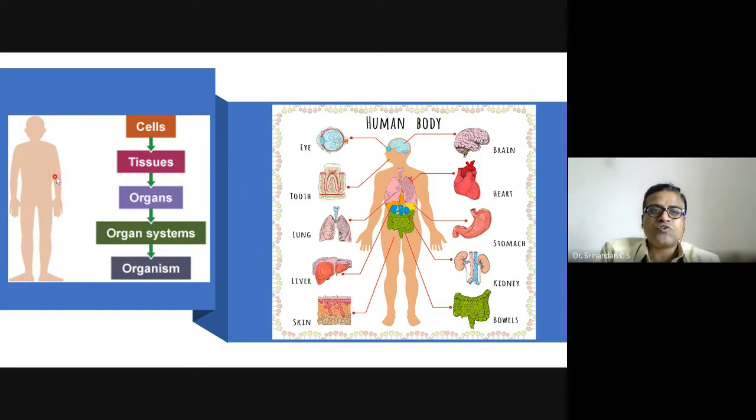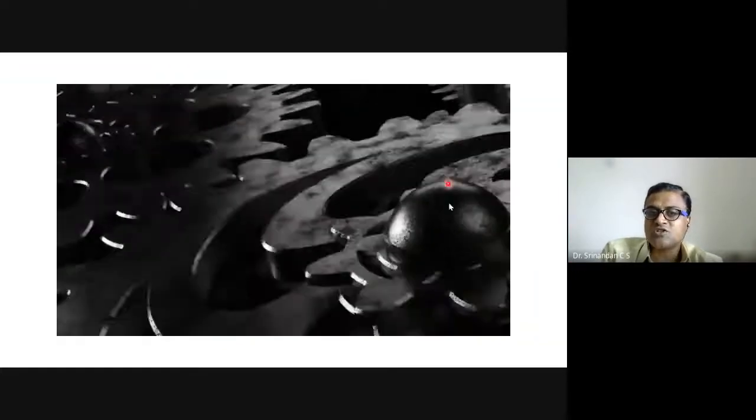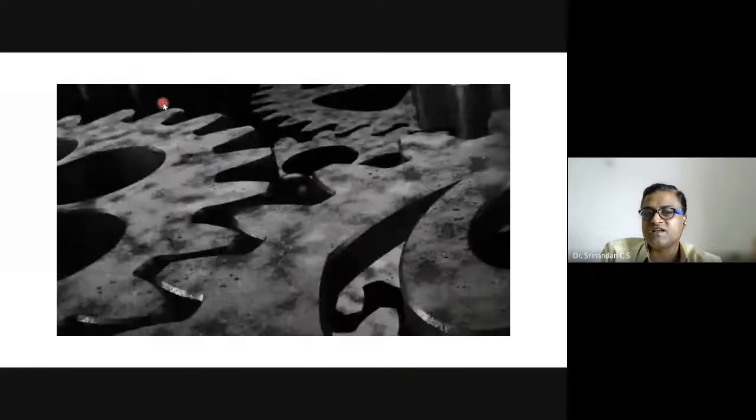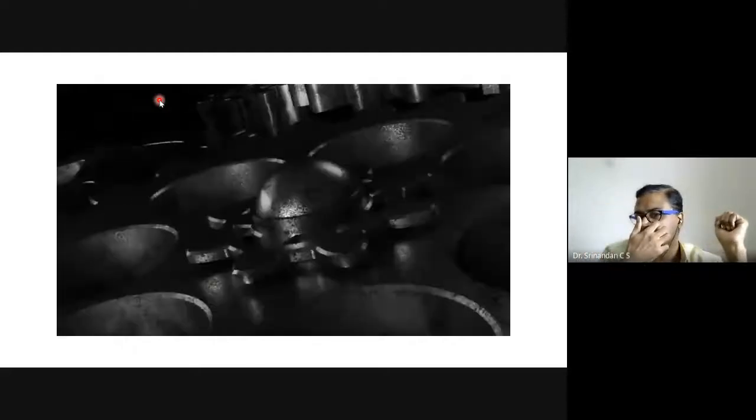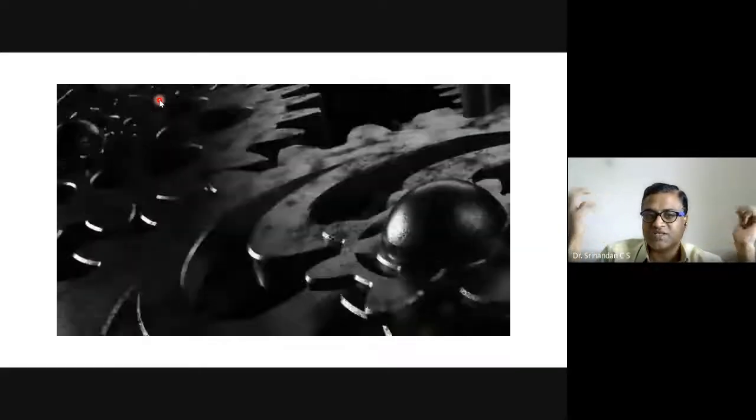For example, in the first module or the second module, we had seen how the cells work. Now we have seen how the organism works due to the cooperation and division of labor of different organs. They all cooperate to make one system, and all the organs are like cog wheels. We all know cog wheels are very important in engineering systems.